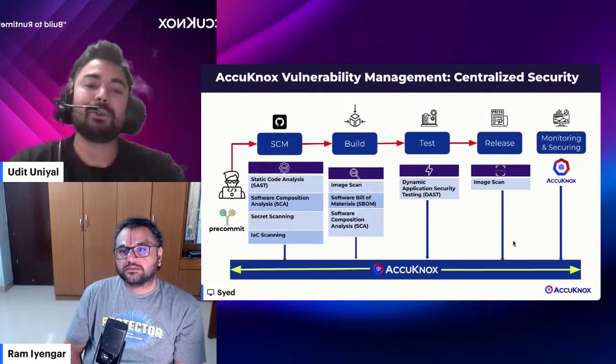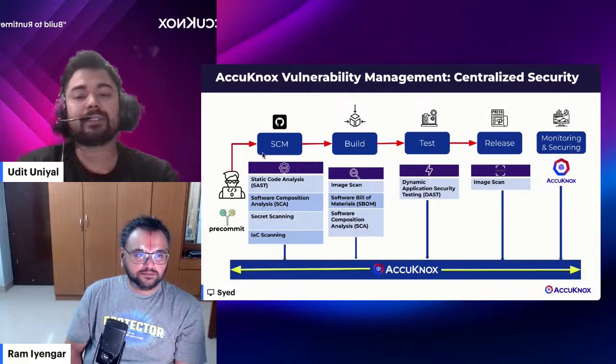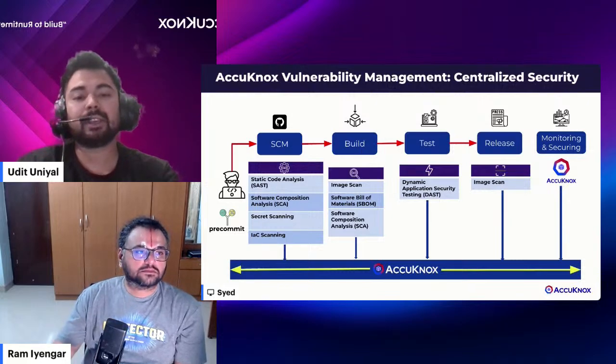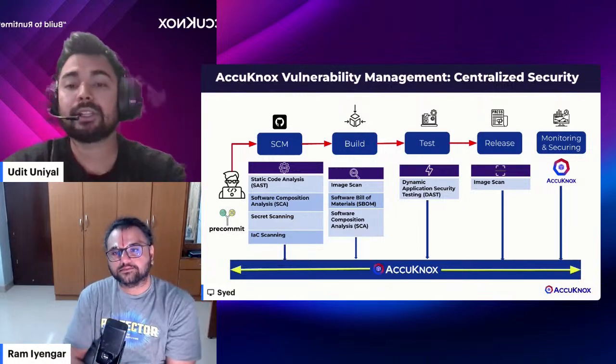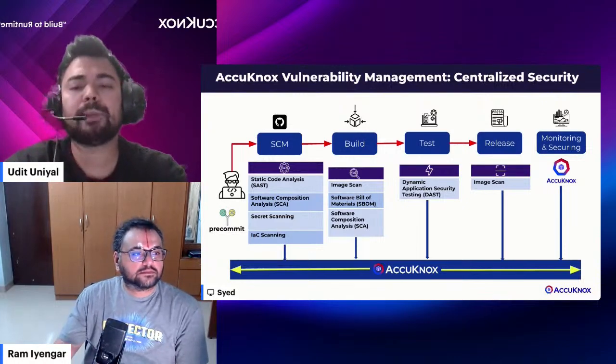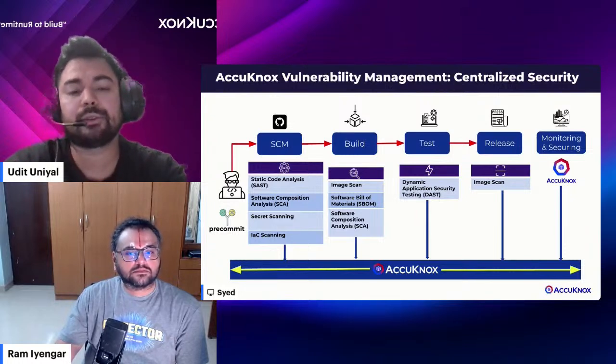So to manage all the findings from every tool, let's say SAST, SCA, secret scanning, then the image scan, you can manage all of these from AccuKnox itself. There will be hundreds of findings in SAST and SCA, thousands of findings you will get.